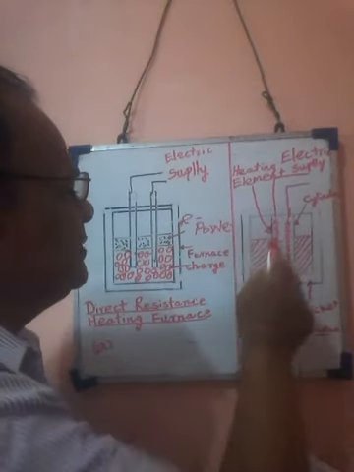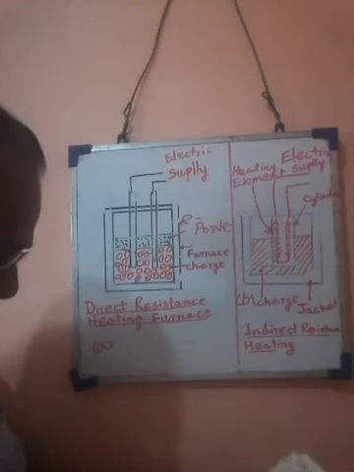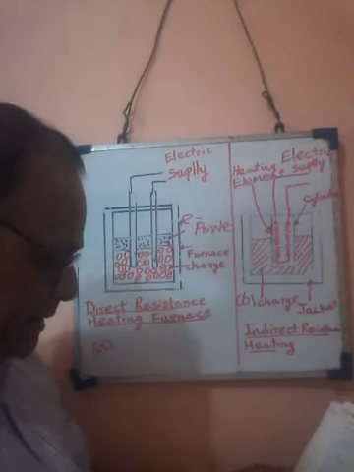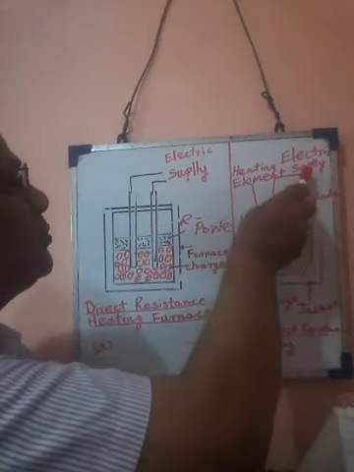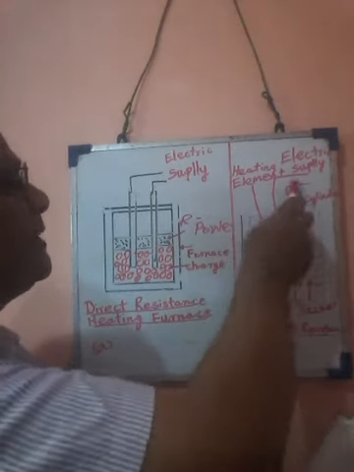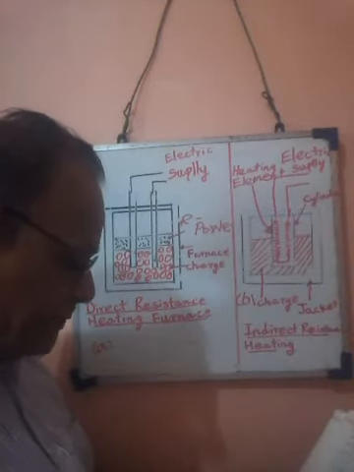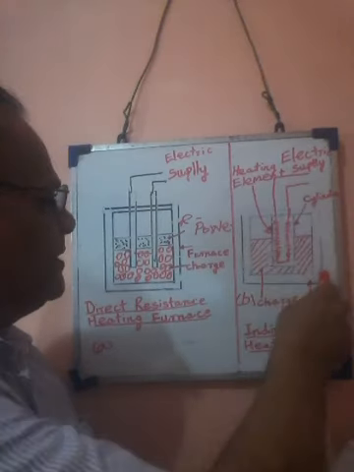This is the cylinder. In this method of heating, electric current is passed through a resistance element, which is placed in an oven. We can call it an oven.